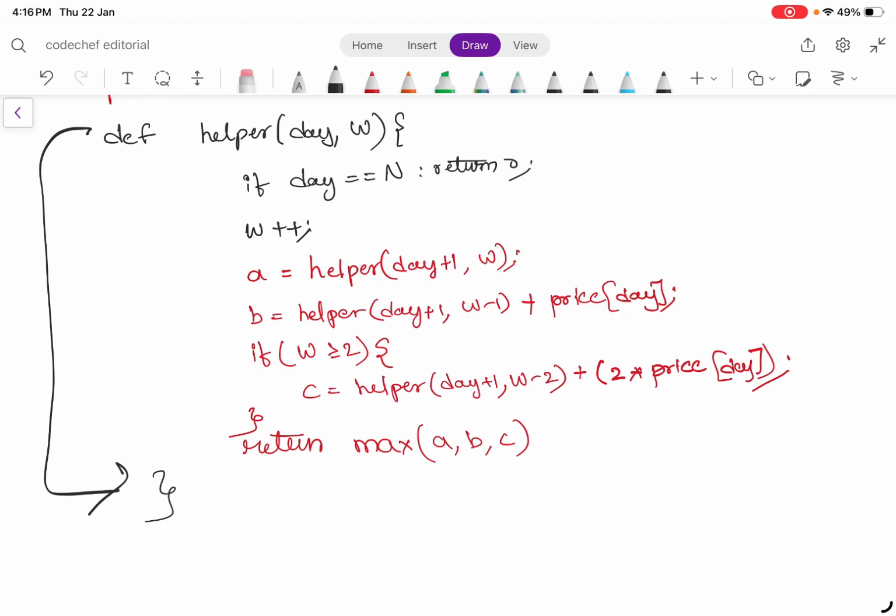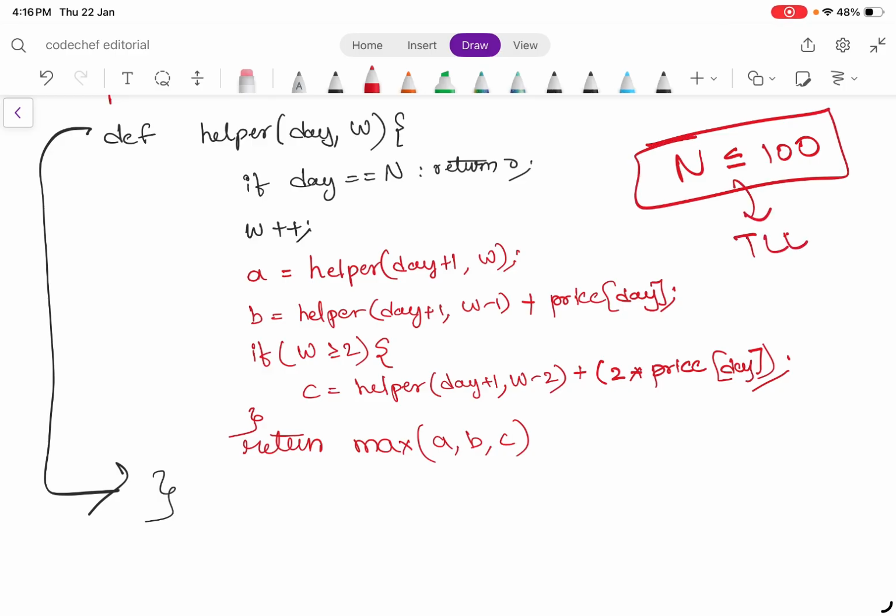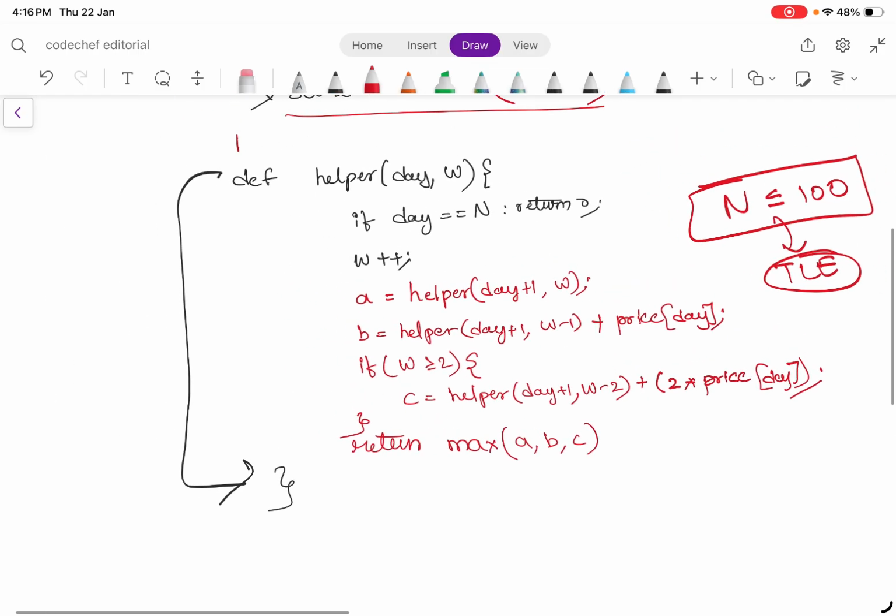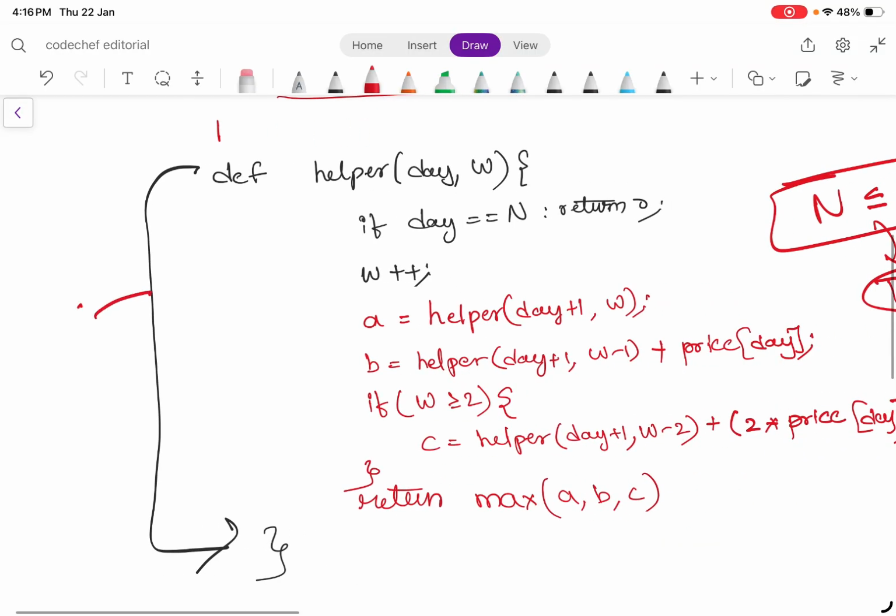Even though the constraints say n is less than or equal to 100, this will get you TLE. To stop that from happening, we can apply memoization so that this will be converted to a DP solution.